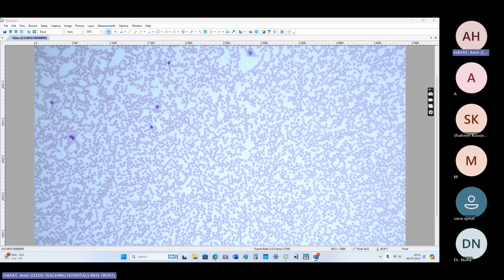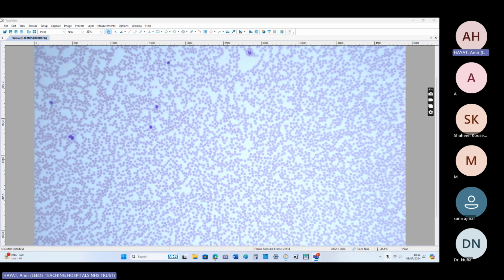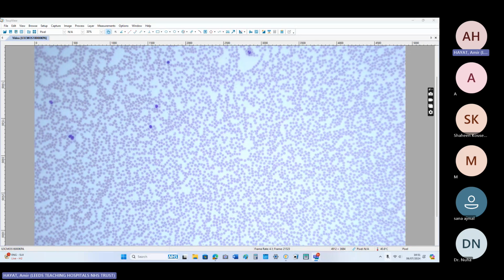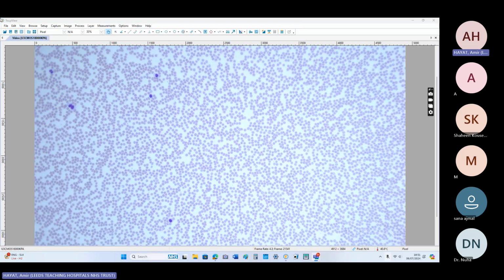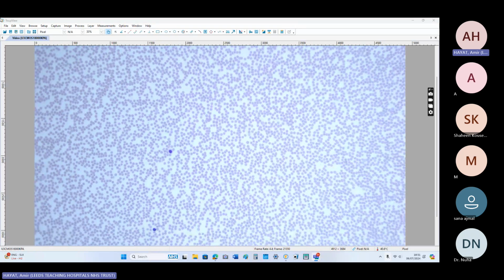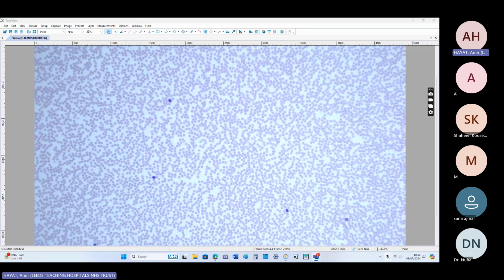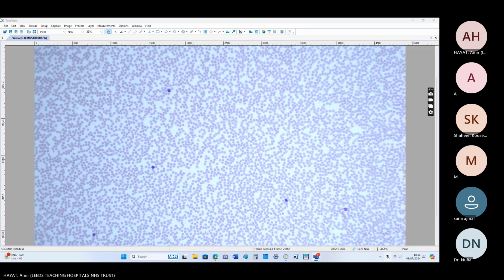He took some blood from the patient and sent it to our lab. The BMS called you because he saw some abnormal cells in the blood film.